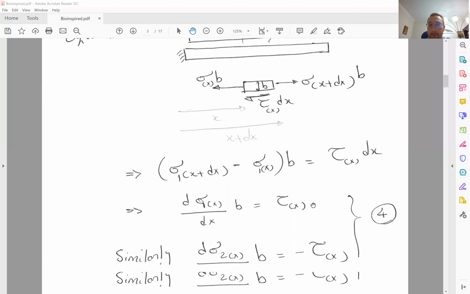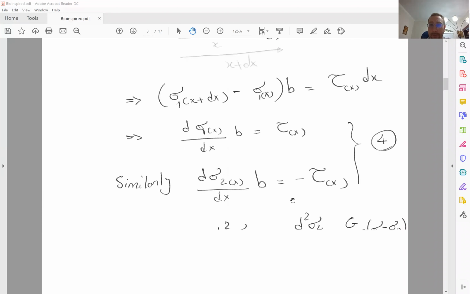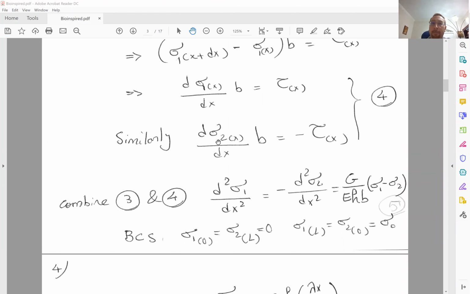And the only difference is that in this case, I'm going to get the derivative times b is equal to minus tau x. That's because the direction of tau is changing from 1 to 2. These are actions and reactions.